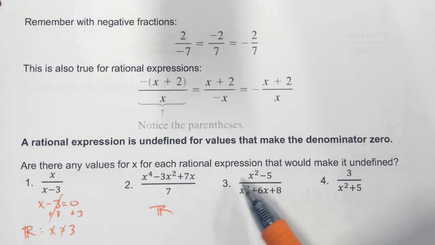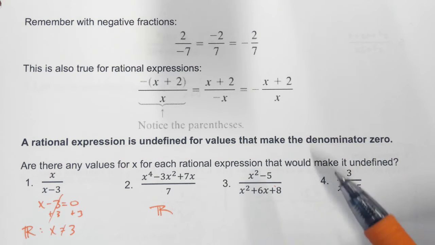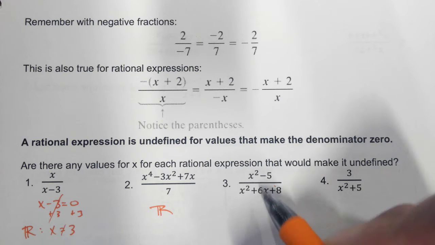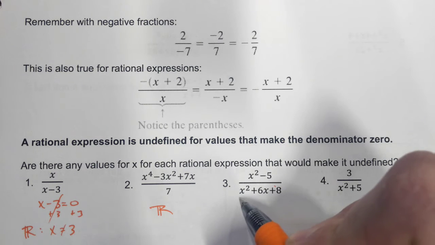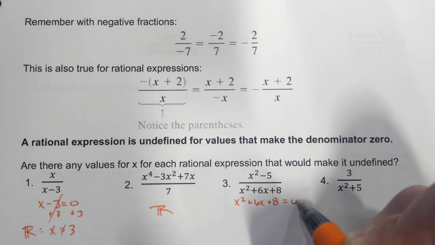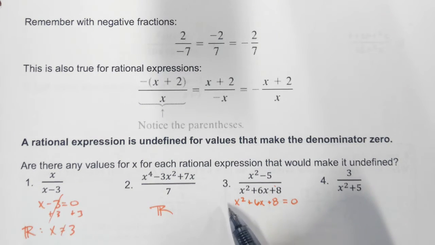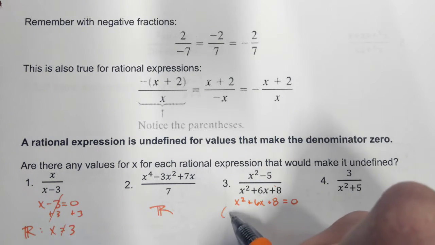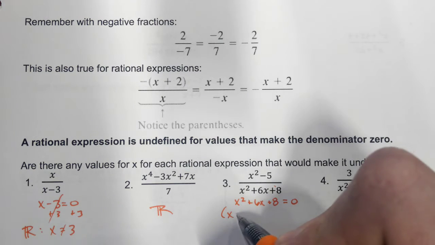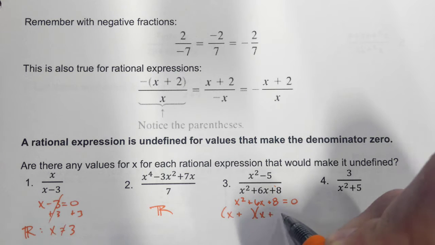On the next one, we've got one of those trinomials. So guess what you're going to do? Yeah, you're going to factor it. You're going to set it equal to 0. So x squared plus 6x plus 8 is equal to 0. There's no coefficient on the squared term, so we go straight into the parentheses. My third sign is positive, so we adopt the sign of the second for both, x plus and x plus.